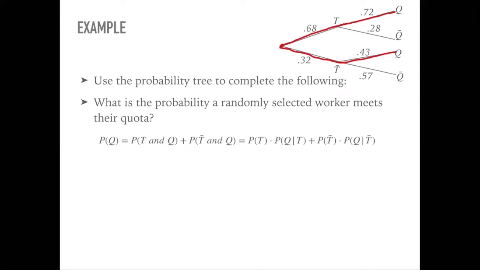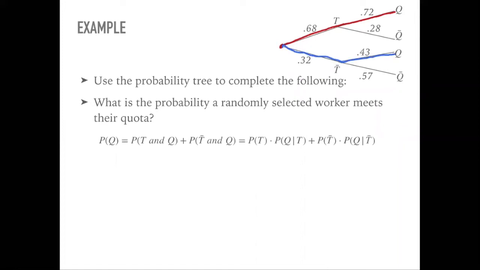And then thinking about actually doing the math, we're saying the probability of being trained times the probability of meeting your quota given you were trained, plus the probability of being untrained times the probability of meeting your quota given you were untrained. Looking at the picture, we have these two different paths, and I'm going to make one red and one blue.